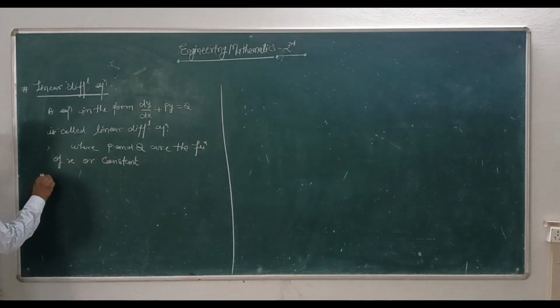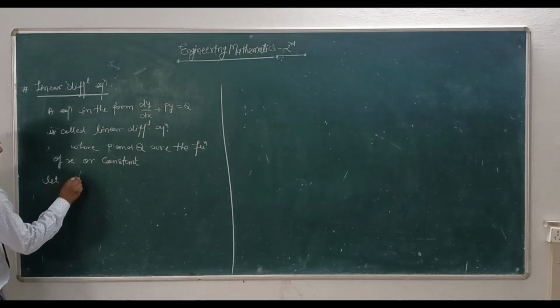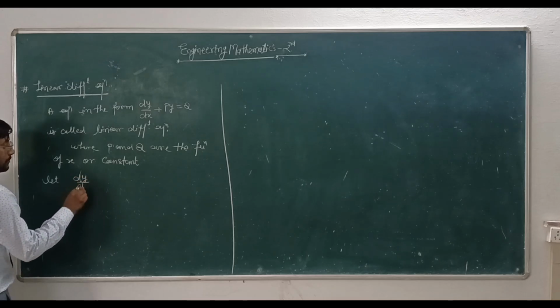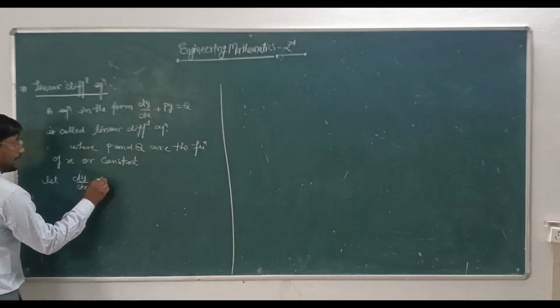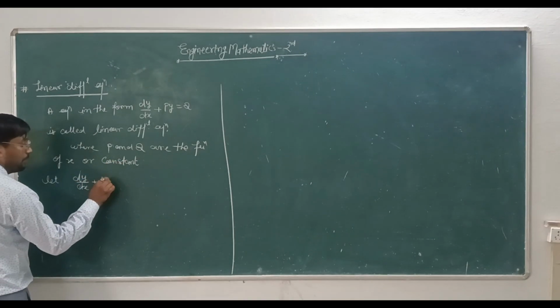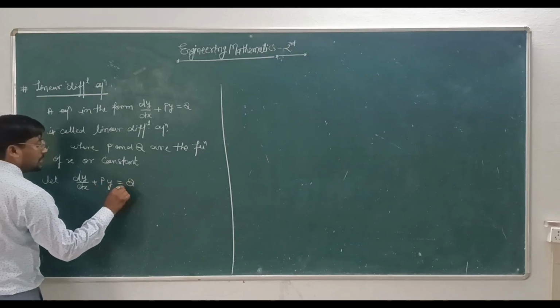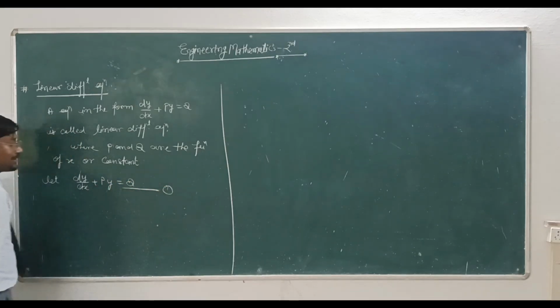Let dy/dx plus Py is equal to Q. This is equation number first.